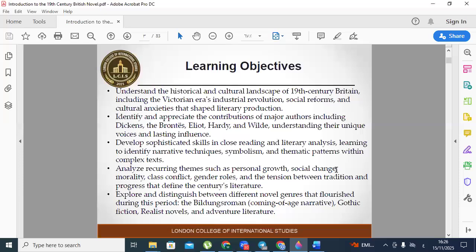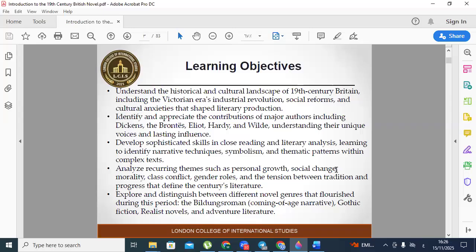Develop sophisticated skills in close reading and literary analysis, learning to identify narrative techniques, symbolism, and thematic patterns within complex texts. Analyze recurring themes such as personal growth, social change, morality, class conflict, gender roles, and the tension between tradition and progress that define the century's literature.